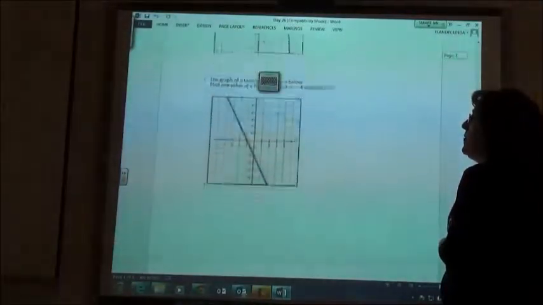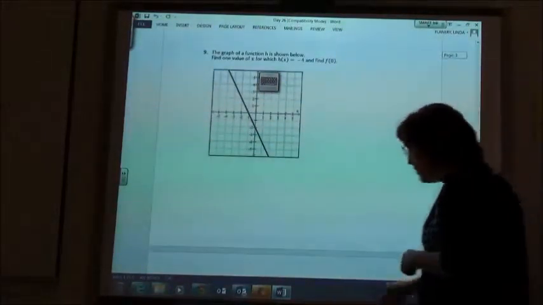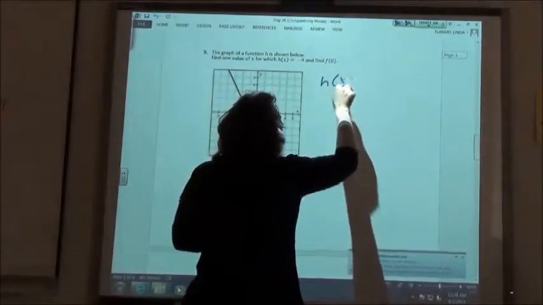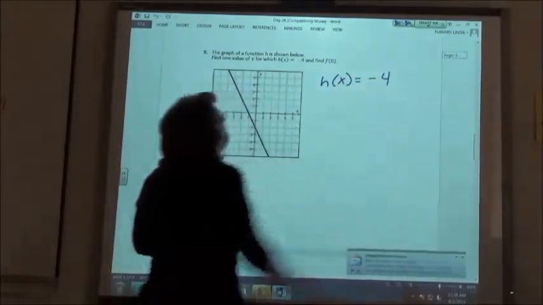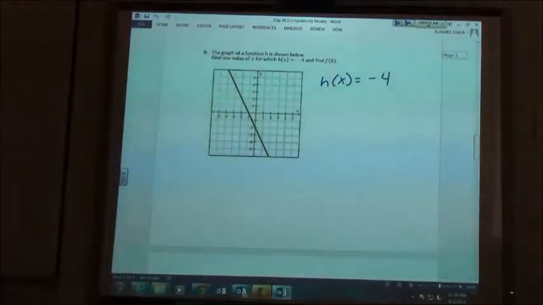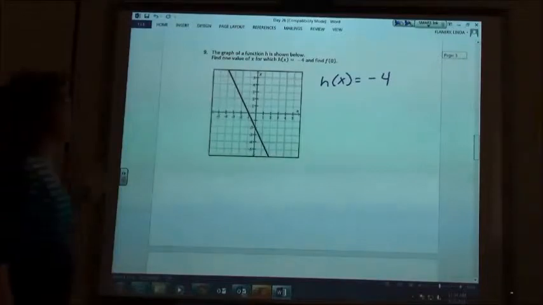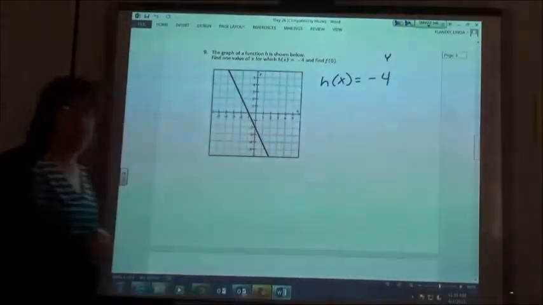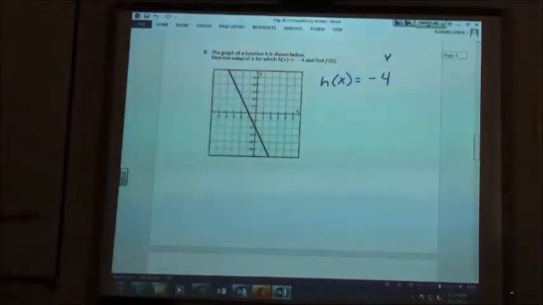Number 9, same kind of thing there. Hoping you understand functional notation by now. So they want you to find h of x equals negative 4. So hopefully you look at that and say, okay, I have to find the x value when y is negative 4. So I think about y being equal to negative 4.